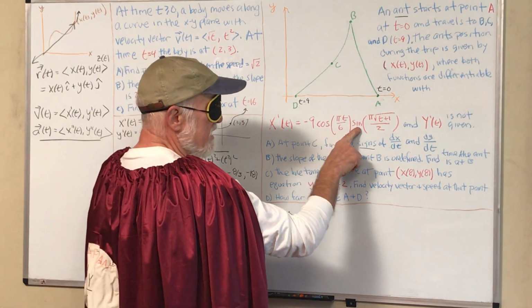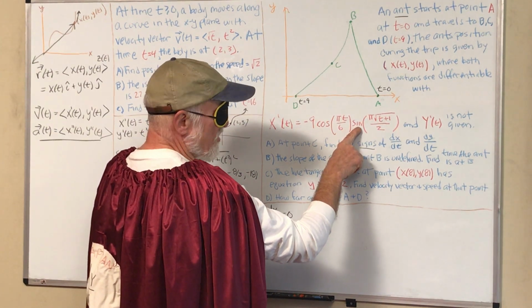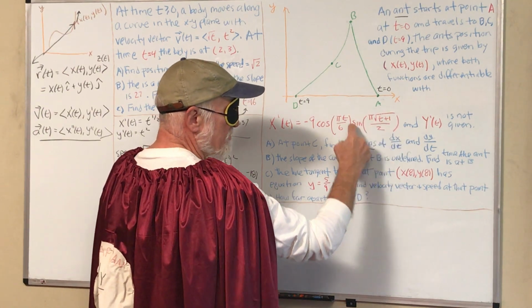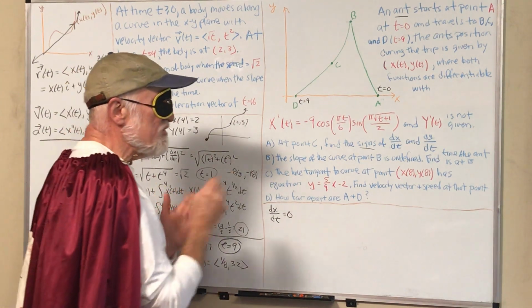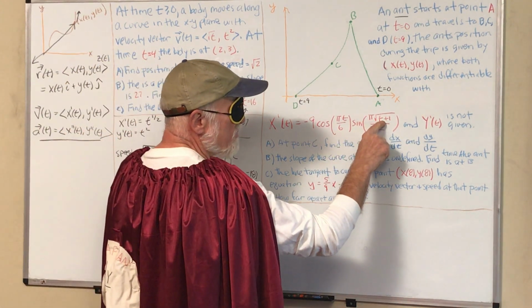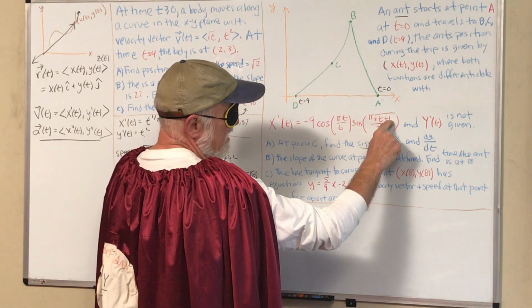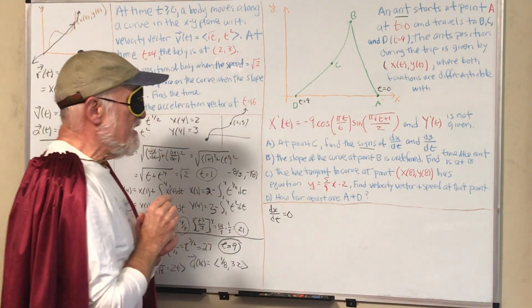Well, we know the sine of pi is 0. So when t equals 3, this will become the sine of pi. The next time would be at 2 pi, but that won't be until time 15, that you would get another time where that equals 0.